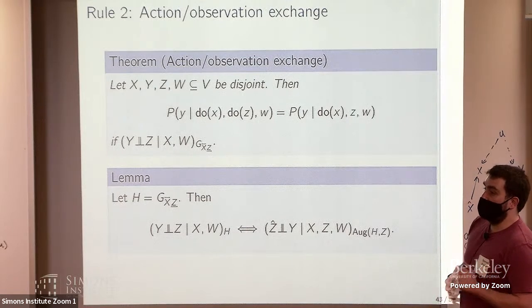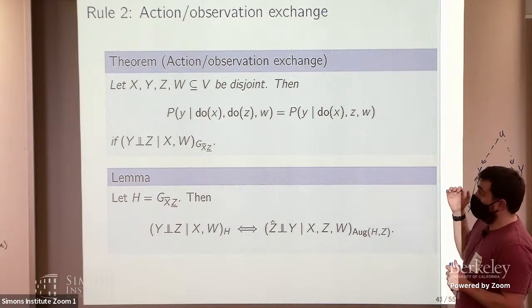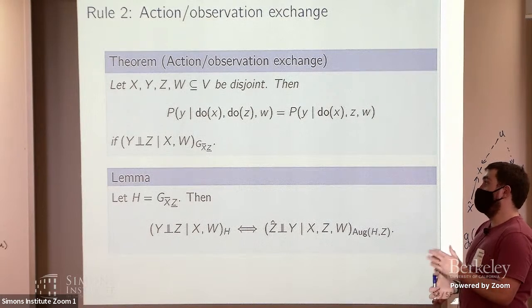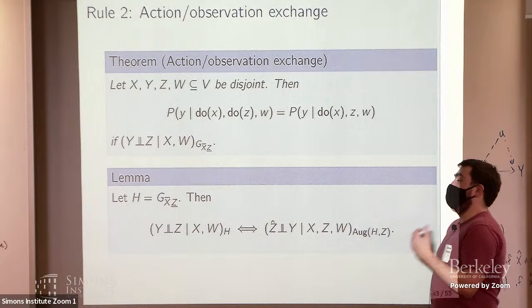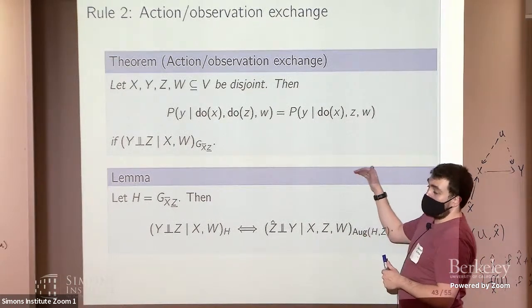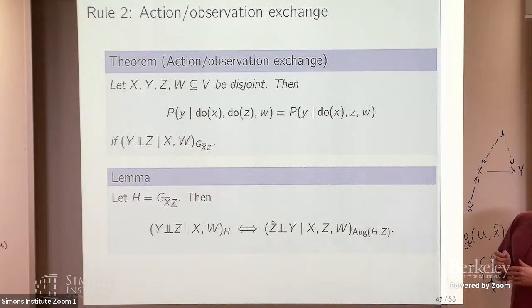I'm sort of losing the bigger picture. Why do we want to do these transformations? The purpose is, we're going to state and not show, but I can direct you to the paper in which it's shown, that these rules are sufficient for determining identifiability of interventional distributions from observable distributions.